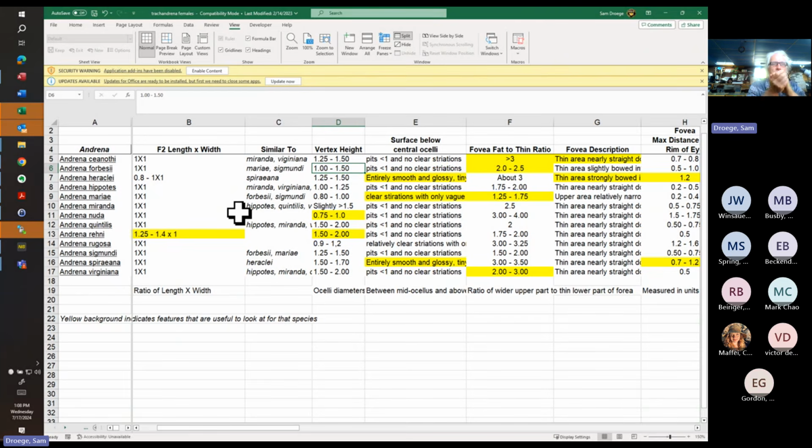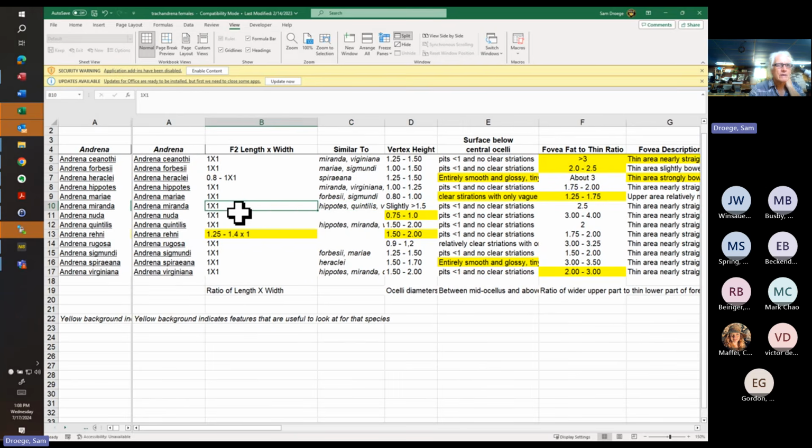So it's better to weigh a whole series of things and say, yes, this makes the most sense. We also have the other species that the particular species in the row is similar to. We also have highlighted in yellow key characters to be looking for in addressing the identification of the species at hand. So with that, glad to answer questions if that comes up.